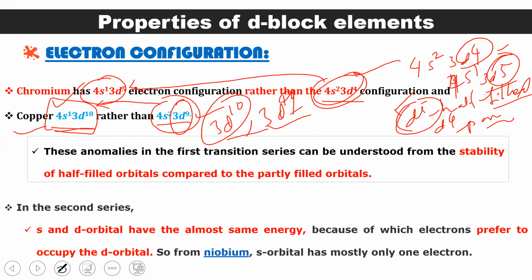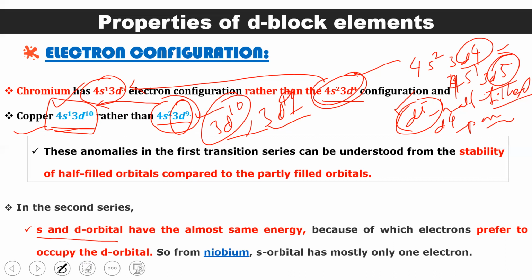That is because the s and d orbitals have almost the same energy. Due to this, the elements coming from niobium show different types of electron configuration.